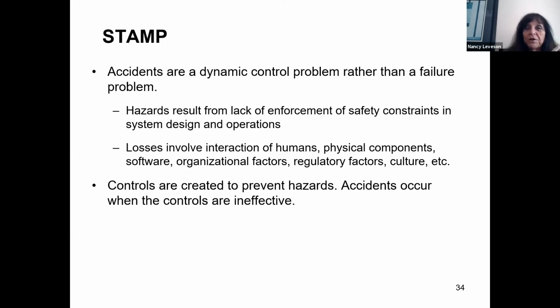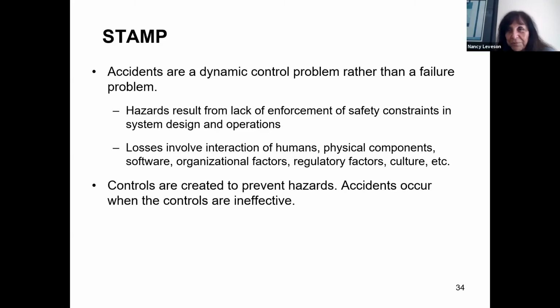Okay, so accidents occur not when humans fail or when something fails, but when the controls are ineffective. What does that imply? It implies that in an accident investigation, we need to focus on why the controls were ineffective.